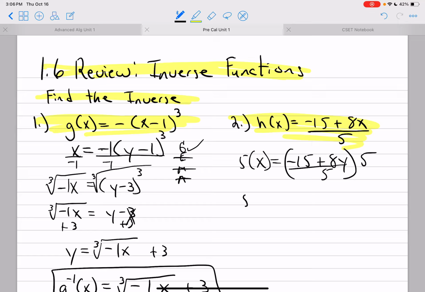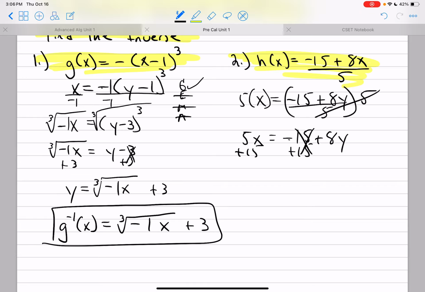We end up with 5x equals negative 15 plus 8y. And I got to get rid of my adding and subtracting. Plus 15, plus 15. So I end up with 5x plus 15 equals 8y.